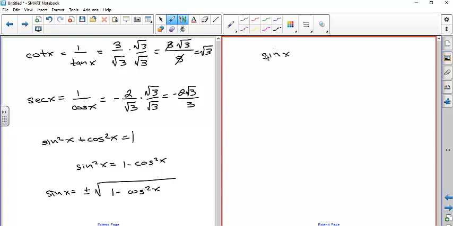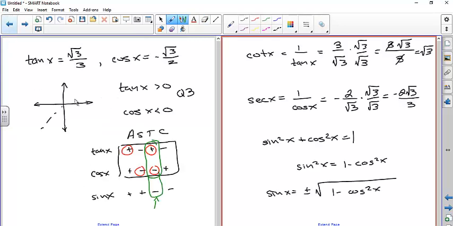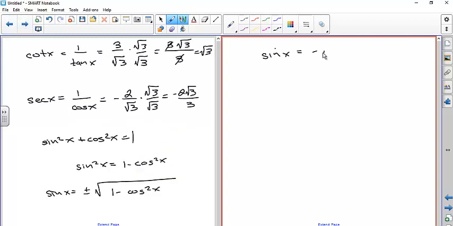So the sine of x is plus or minus. And because we're in the third quadrant, the sine is going to be negative. So we're going to use the negative square root. So we could say Q3 is negative the square root of 1 minus cosine squared of x.